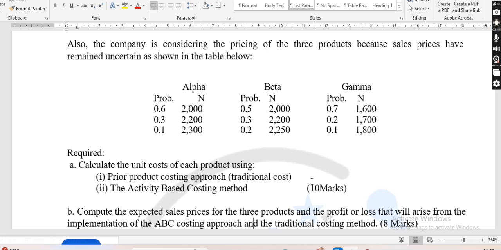We can do the unit cost of traditional cost as well as activity-based costing. Unit cost means cost per one. And that is 10 marks.